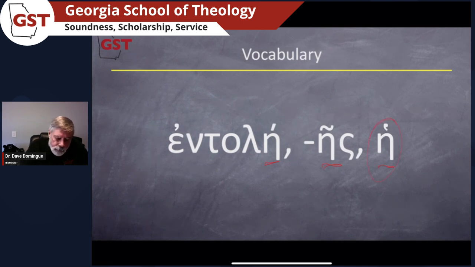There's our a feminine. This is our stem ending, right? There is no case ending for the genitive form, just the stem ending with the case ending for the genitive in the first declension. And there's the article. So entole is a feminine word. Anyway, it means commandment.